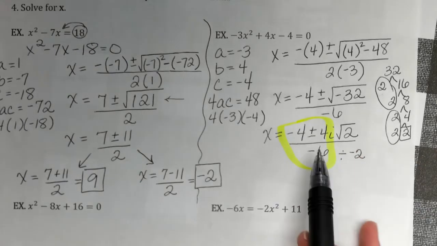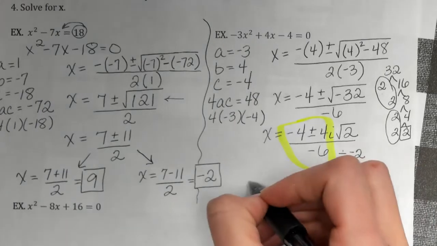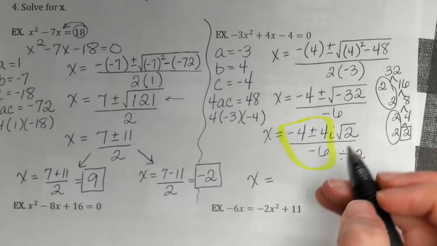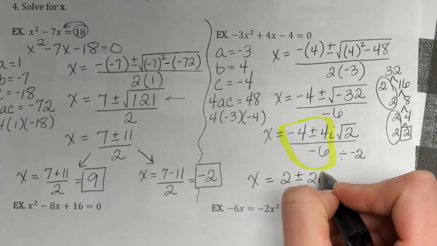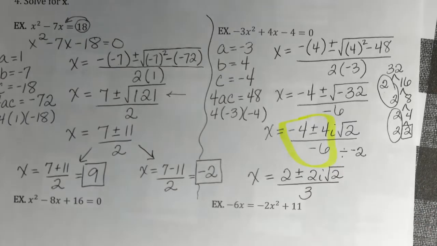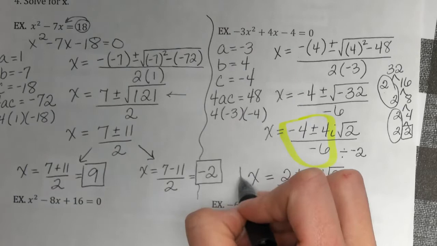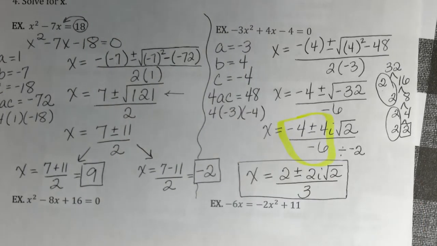I'm going to take care of that negative in the same step I'm dividing by 2. Okay, so that's going to give me a positive 2 plus or minus 2i square root of 2 over 3. And that would be your answer in simplified form.